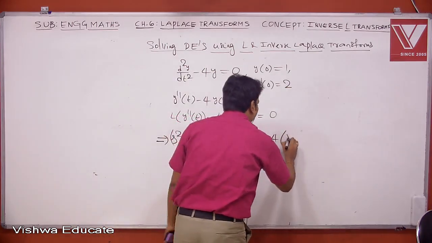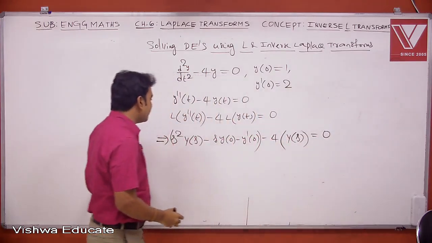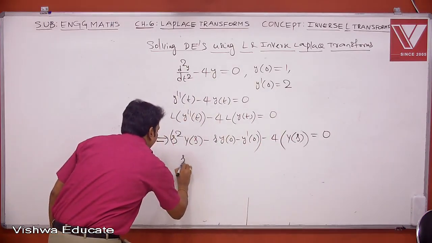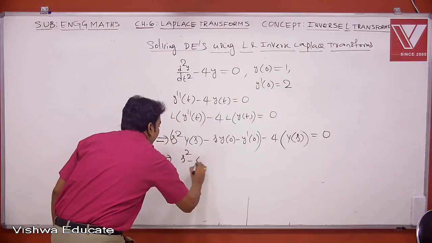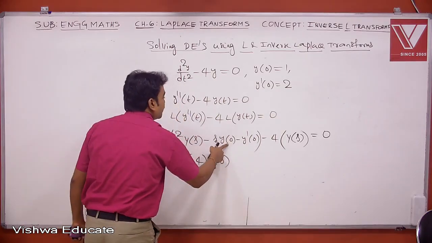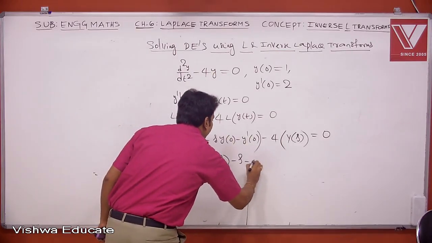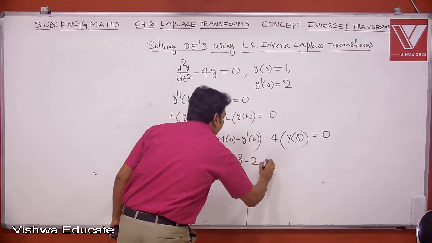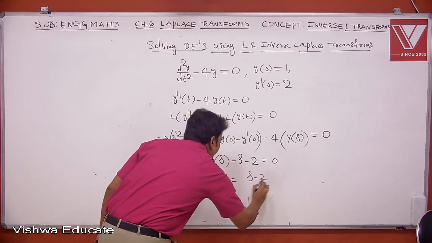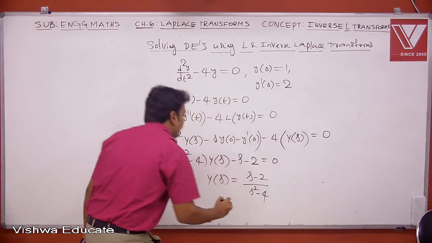This is y of s only, equal to 0. Now group the y of s terms: you will get s square minus 4 into y of s. Y of 0 is 1, y dash of 0 is 2. So this is minus s minus 2 equal to 0. Therefore, y of s equal to s minus 2 divided by s square minus 4.